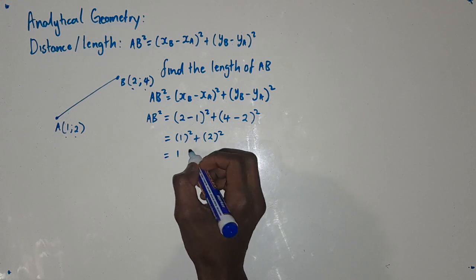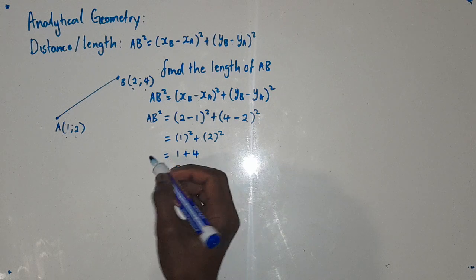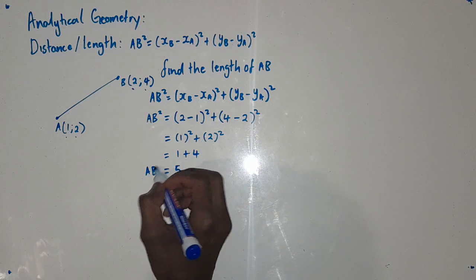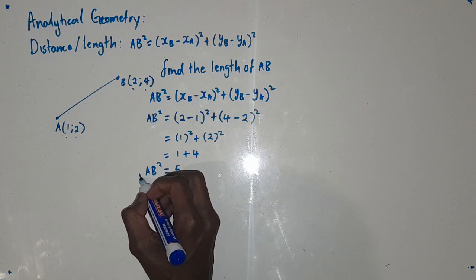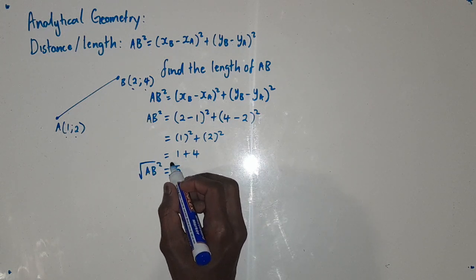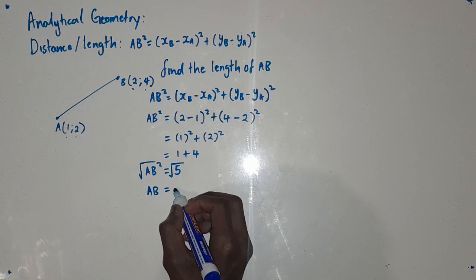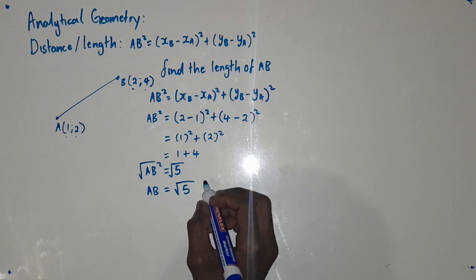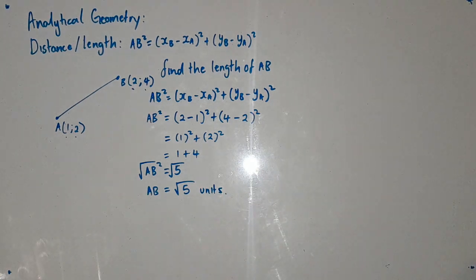Then we have 1 plus 4, which equals 5. AB squared is 5. To find the value of AB, we take the root of both sides. Then AB is going to be the root of 5 units. You see?